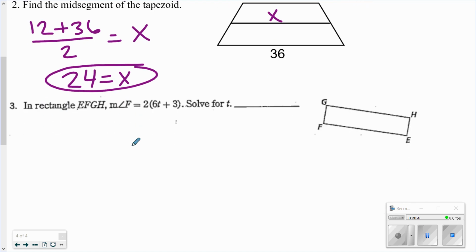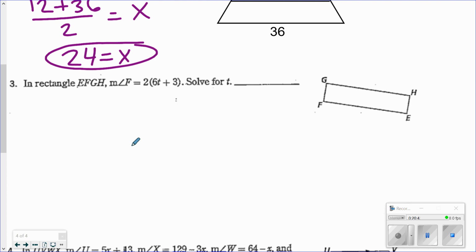In rectangle EFGH, the measure of angle F is equal to 2 times the quantity 6t plus 3. We want to solve for t. Well, our keyword here is rectangle. What do we know about the angles in a rectangle? Well, we know that they're all equal to 90. So it doesn't matter which one we're looking at. We know that it's equal to 90.